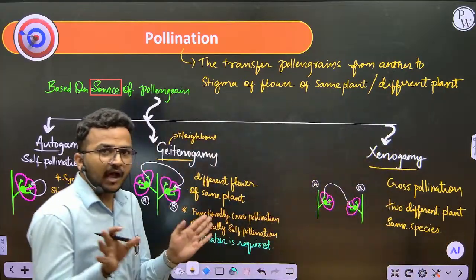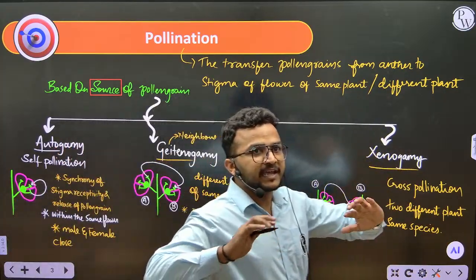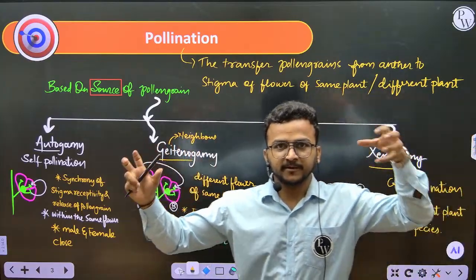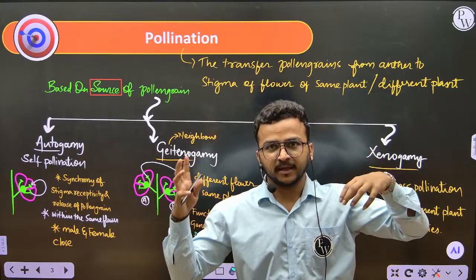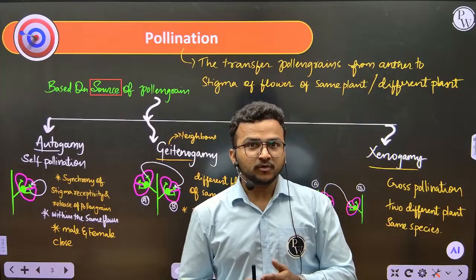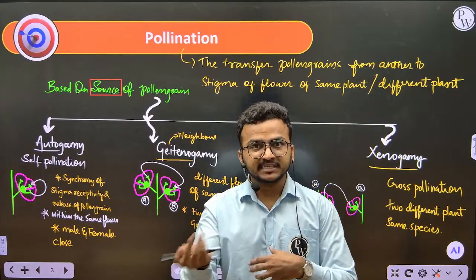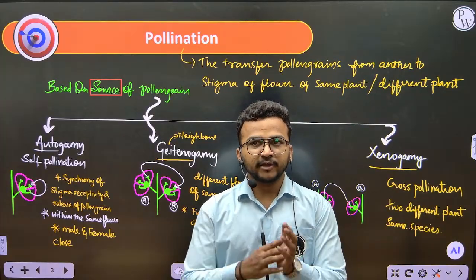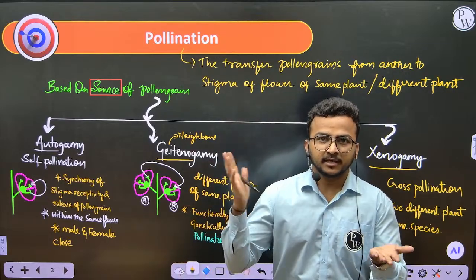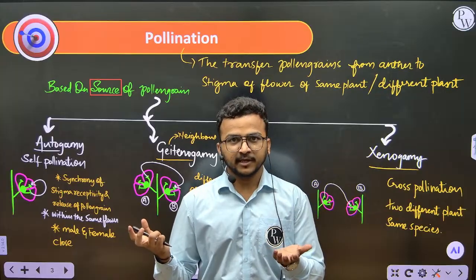Think of a marriage taking place between two complete different geographical regions, different families. Then the variations will be more genetically. When you are selecting a breed from a different geographical location, you will get more variations.